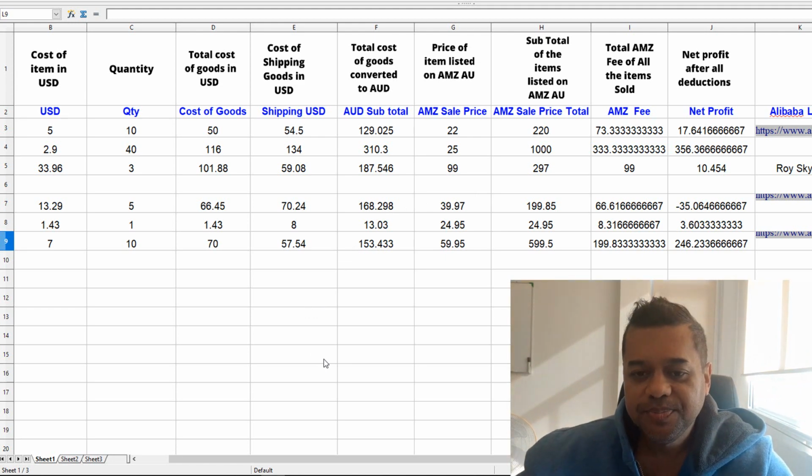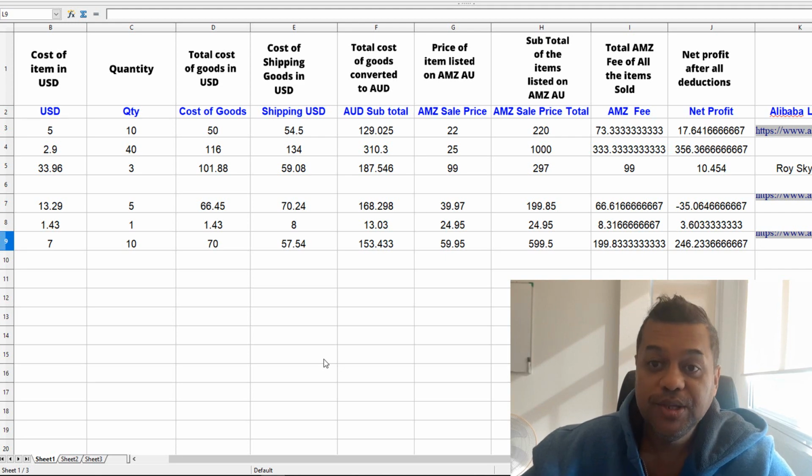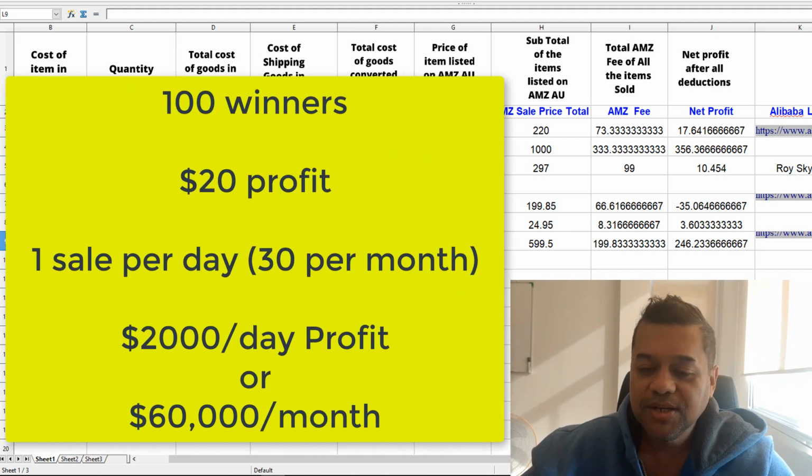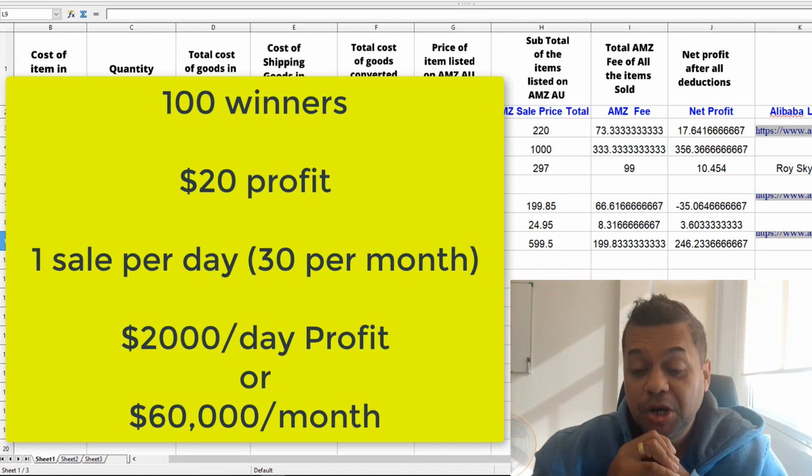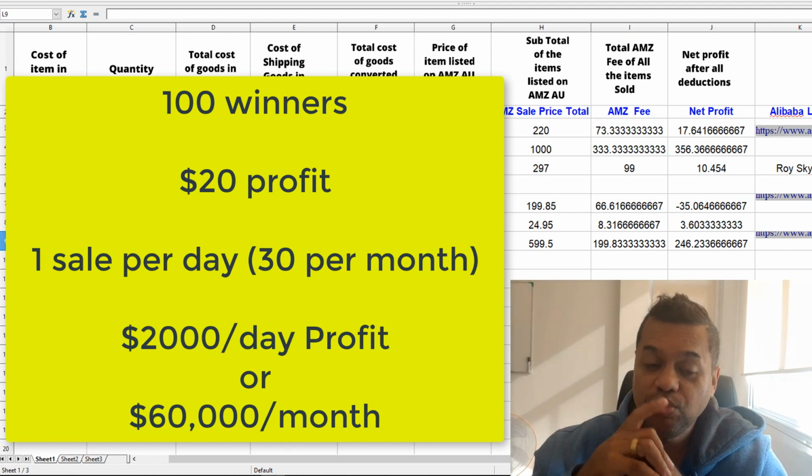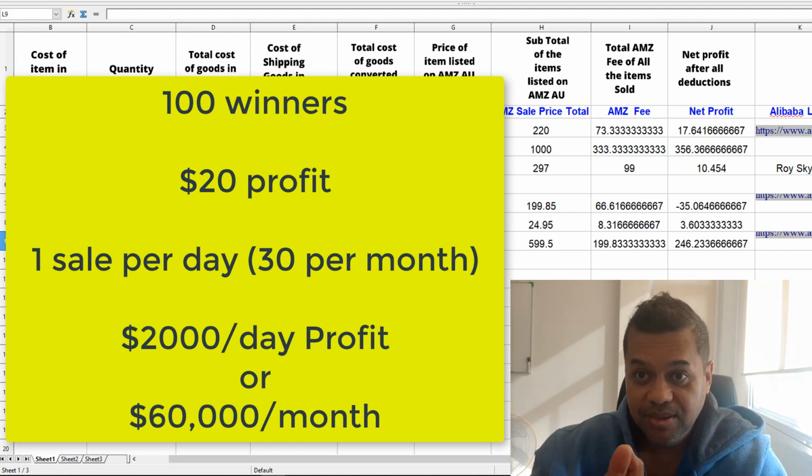But think of it this way. Say you have 100 of these winning products, and you're making, to keep it even, $20 profit per product. You've got 100 of them, and one of them sells a day. Just one sells a day, only selling 30 per month.